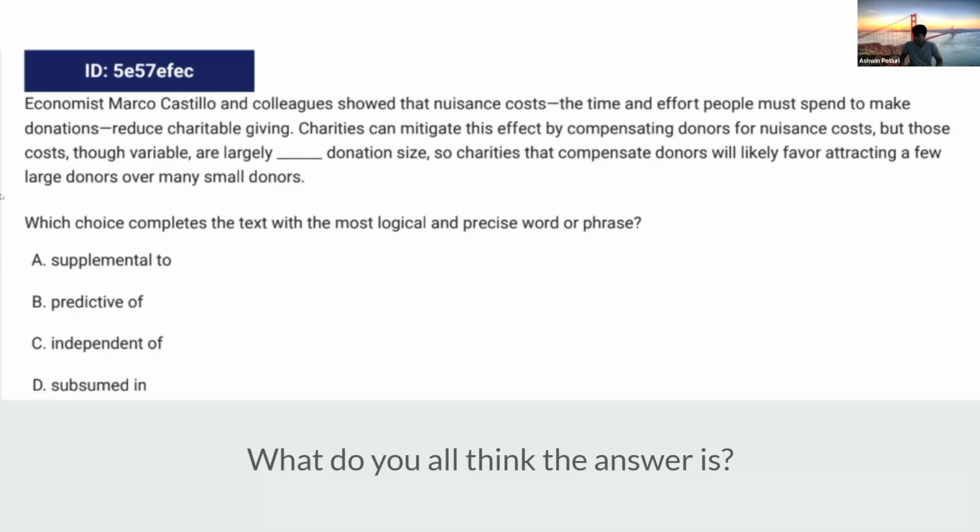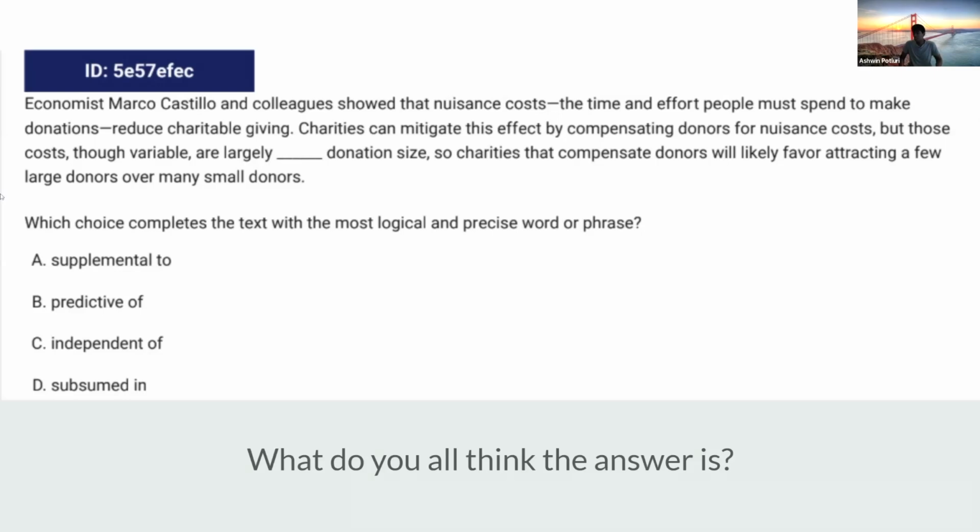So let's take a look at C, independent of. Charities can mitigate this effect by compensating donors for nuisance costs, but those costs, though variable, are largely independent of donation size. So charities that compensate donors will likely favor attracting a few large donors over many small donors. That actually makes sense, right? They are largely independent of donation size.